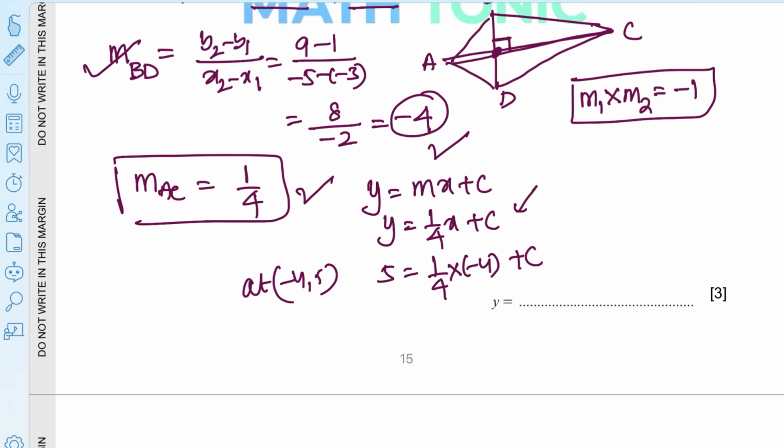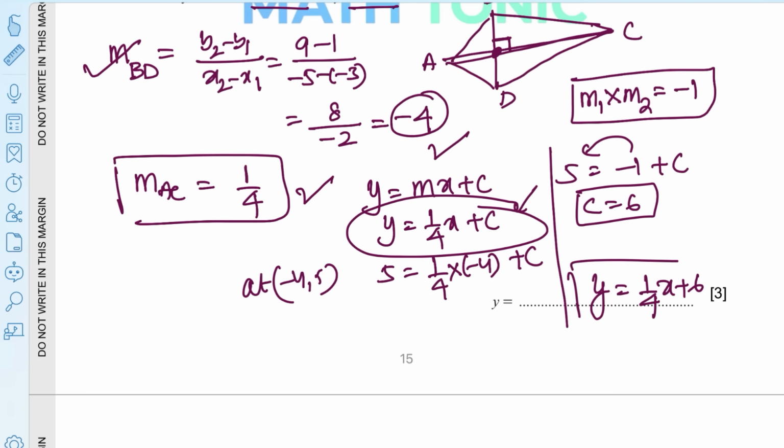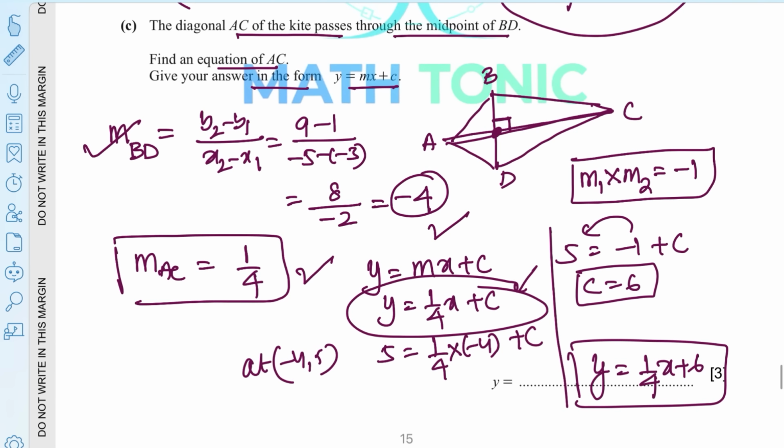So 5 equals minus 1 plus c. If you rearrange it, 5 plus 1, so c equals 6. The final answer should be y equals 1 over 4x plus 6. That is the equation of AC, which is passing through the midpoint of BD. Is it okay? Check this.